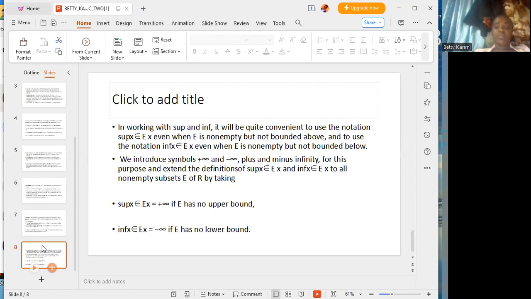We introduce the symbols positive infinity and negative infinity for this purpose, and extend the definitions of supremum and infimum to any non-empty subset E of R by taking the supremum of E equal to positive infinity if E has no upper bound, and the infimum of E equal to negative infinity if E has no lower bound.